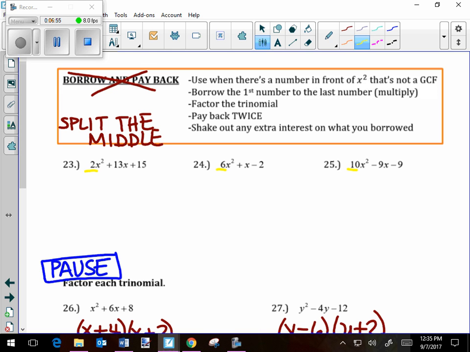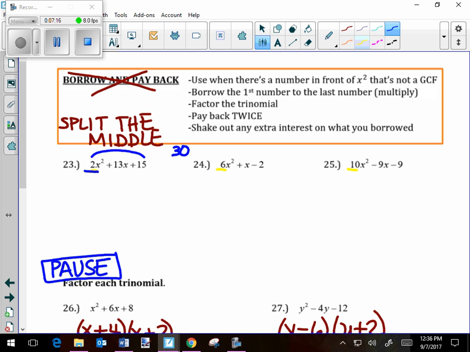So what I'm going to do is start by first recognizing that this is a trinomial with a leading coefficient other than 1. And I'm going to start by taking that number, the coefficient, the 2, and I'm going to multiply it by the 15.